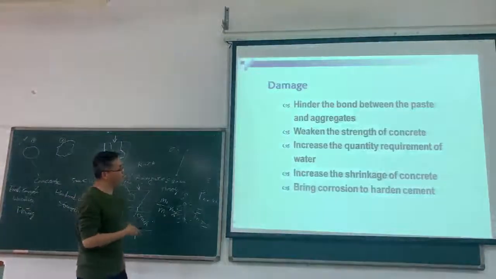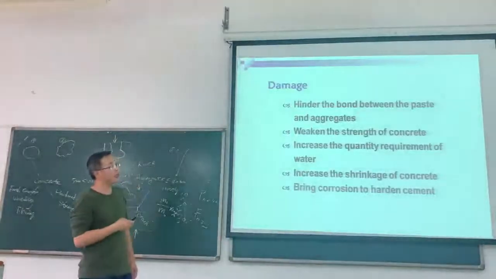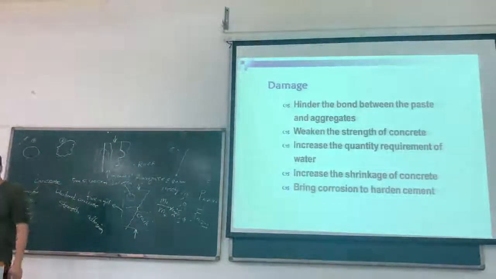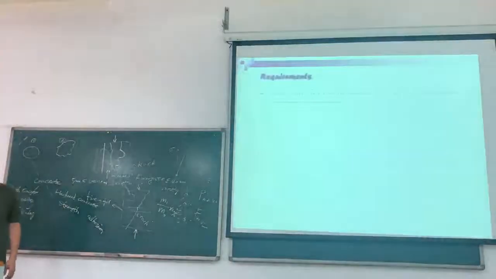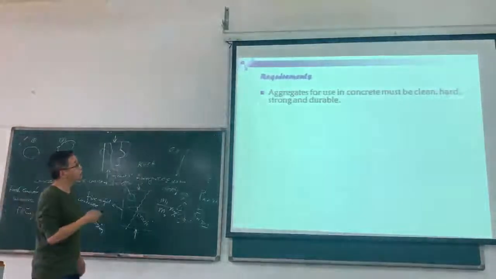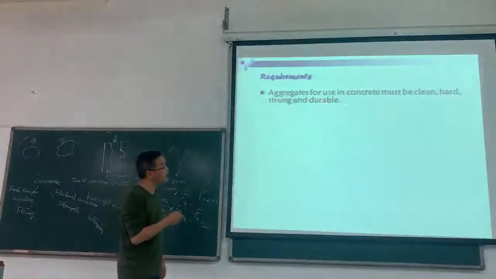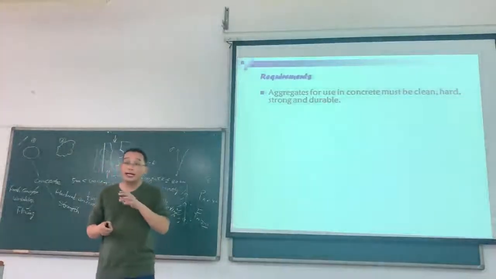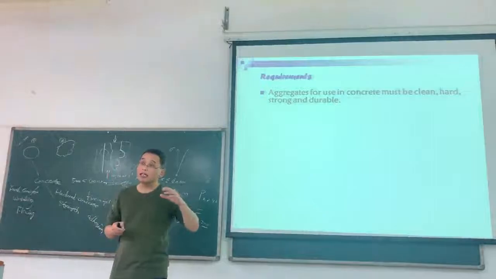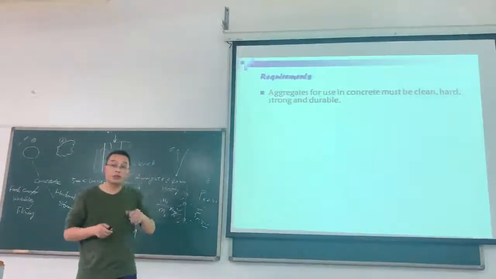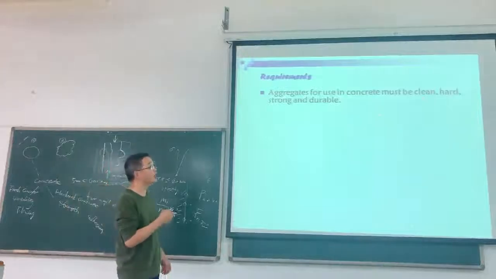There are some damages which can come from the impurities of aggregates. For the requirements of the aggregate, the first thing we need to know is that aggregates for use in concrete must be clean, because in those impurities there is clay, so the aggregate must be clean.